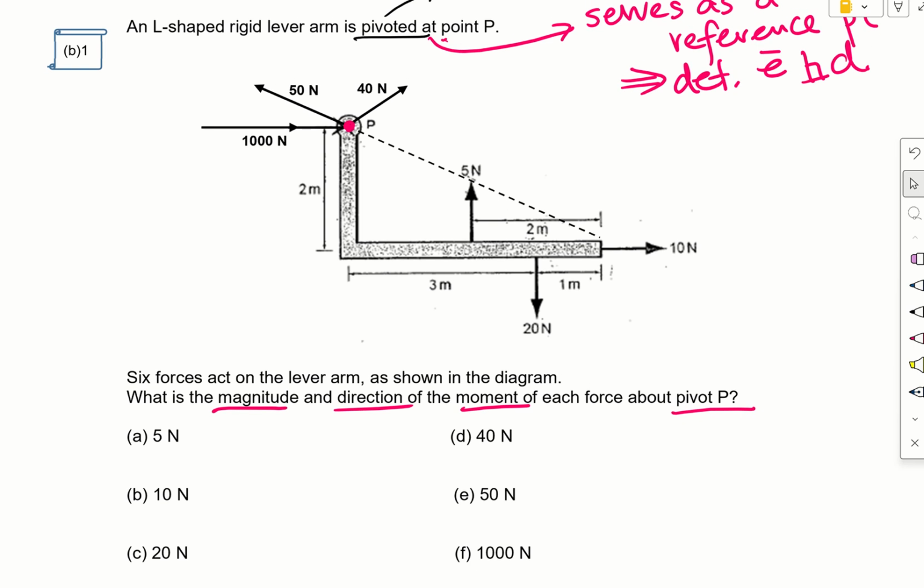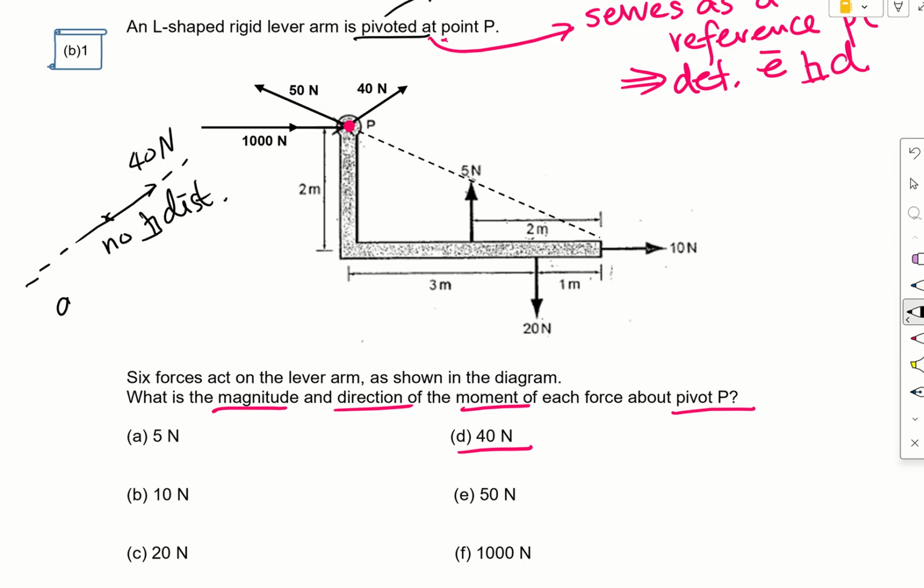40 Newton. We see that the pivot is here, right? If I were to pull out this diagram, I ignore all the other forces at first. We see that this 40 Newton has its line of action passing through the pivot. So there is virtually no perpendicular distance.